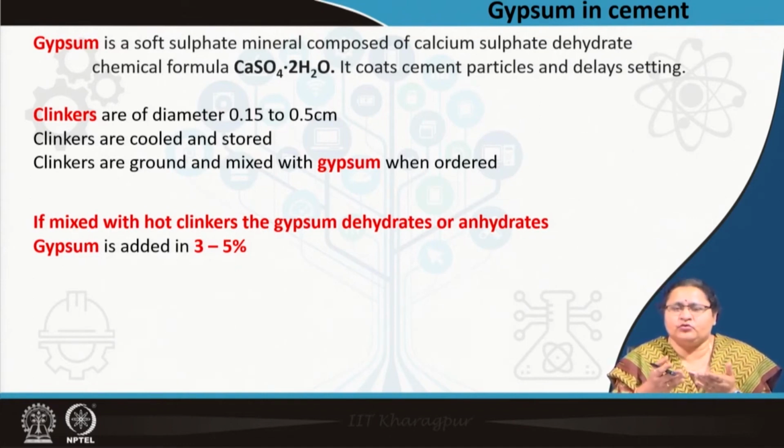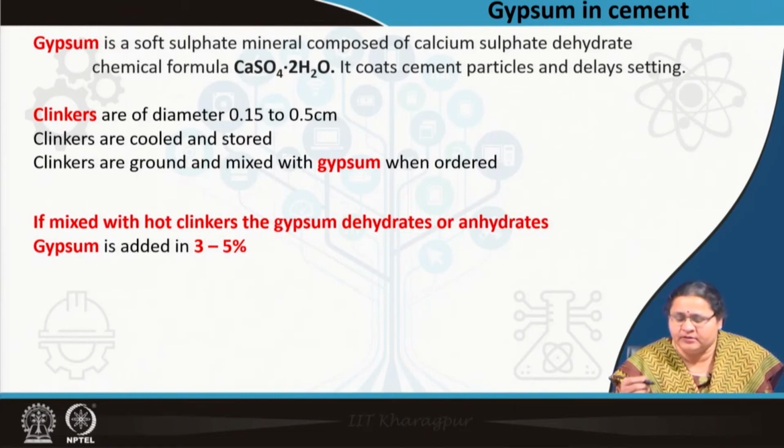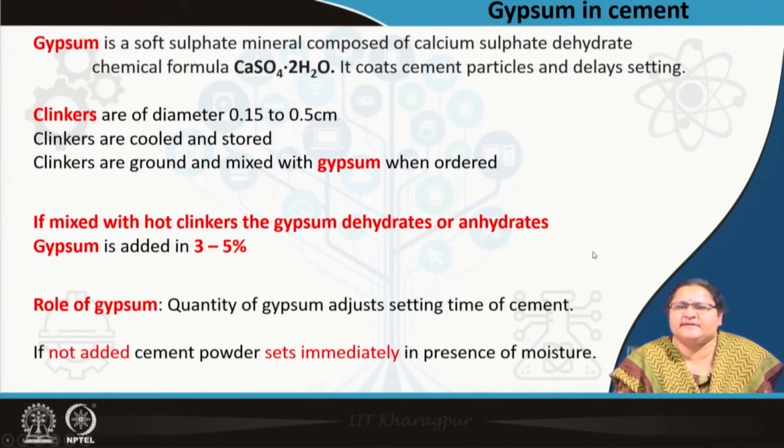Usually 3 to 5% maximum gypsum is added. If you keep on increasing the amount of gypsum, the setting will be much delayed. So, we have to keep an eye that adding more gypsum would not help. So, the role of gypsum is to adjust the setting time.